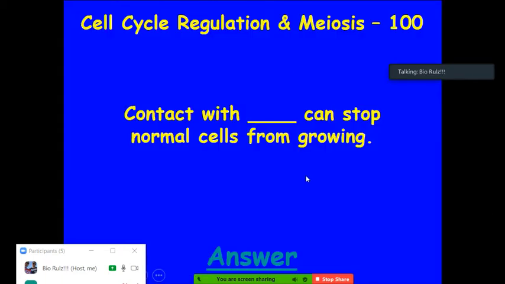Here we go. Contact with blank can stop normal cells from growing.